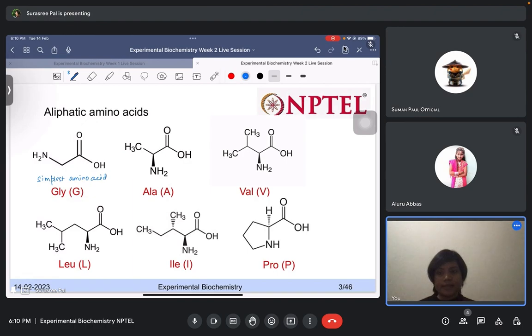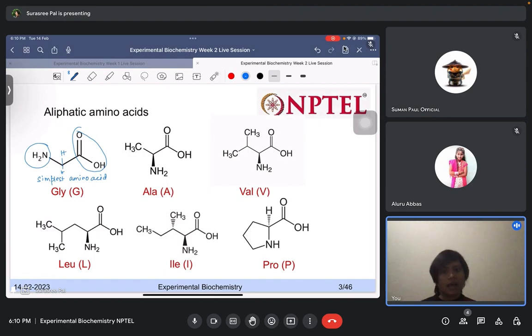You have this carboxyl group, there is this amino group, but what is the R group here? The R group is only a hydrogen, right? So in this carbon there are only 2 hydrogens attached. That is why glycine is considered the simplest amino acid, because its side chain is only a hydrogen.